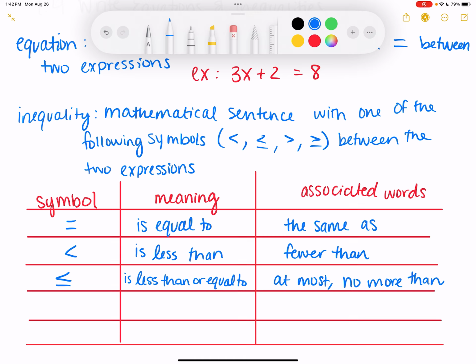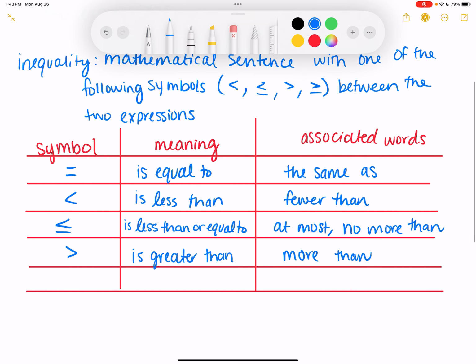If we have a greater than, it means is greater than. Associated words would be more than. If we have greater than or equal to, that means is greater than or equal to. And associated words would be at least or no less than.